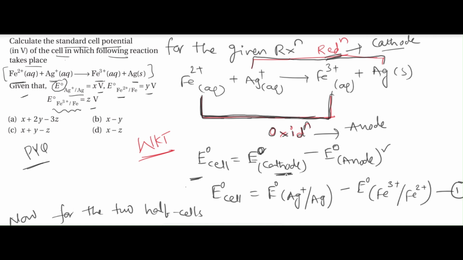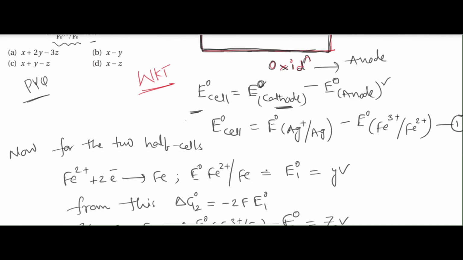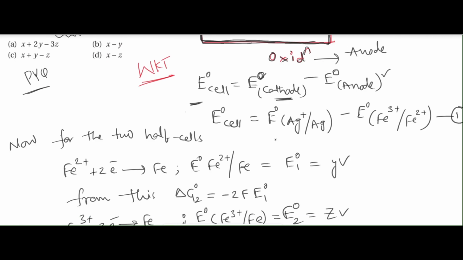So at the cathode, the electrode potential is X volts. I will substitute X volts here, minus E naught of the anodic reaction Fe3+ to Fe2+.